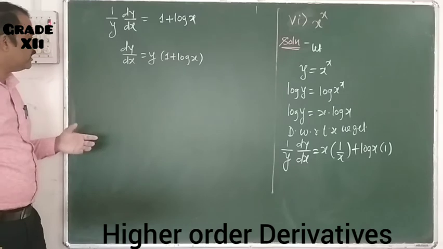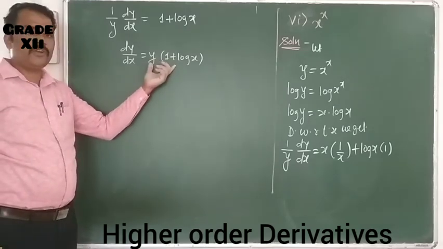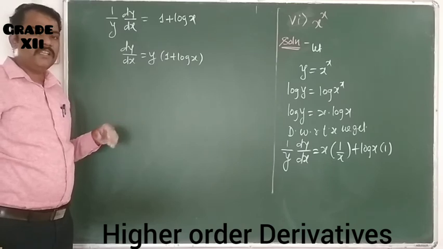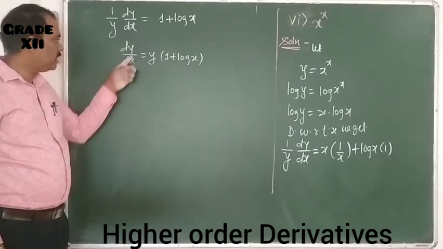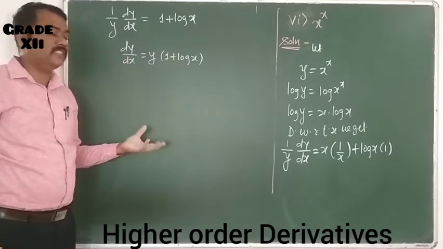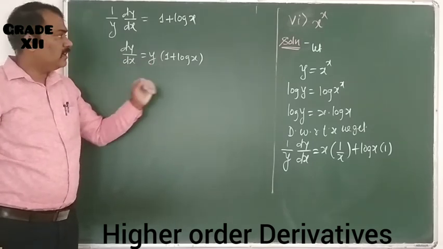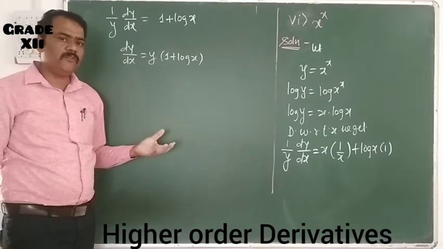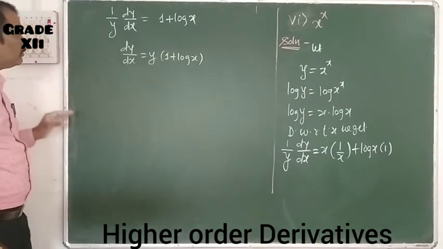We have to take the second order derivative, so again we have to use the product rule. So the derivative of y with respect to x, we have dy by dx, so this value we have to use as it is. Keep y as it is, don't put x raised to x. In the last answer, if you require the value of y, at that time we substitute.